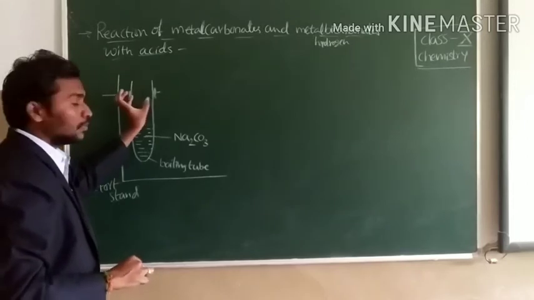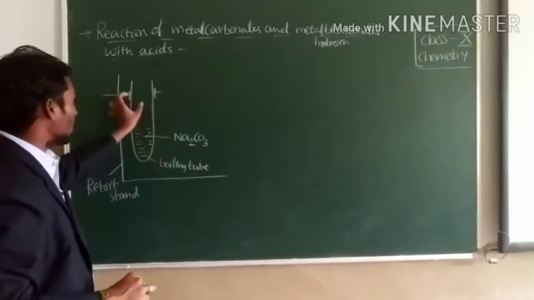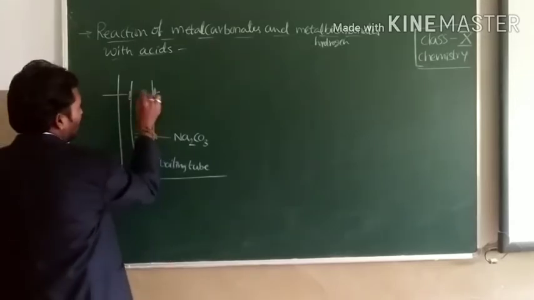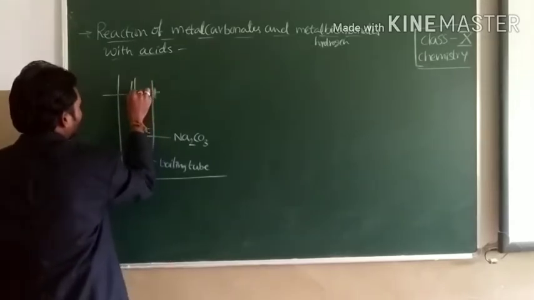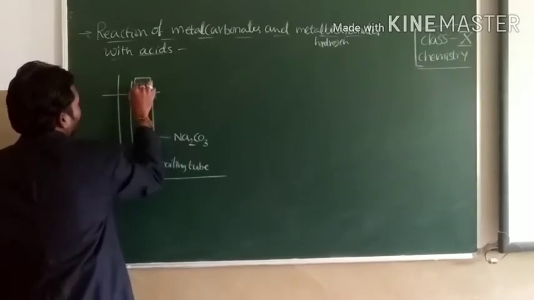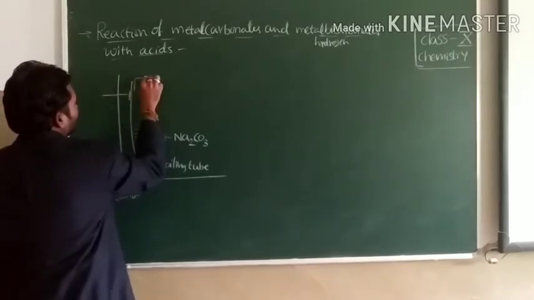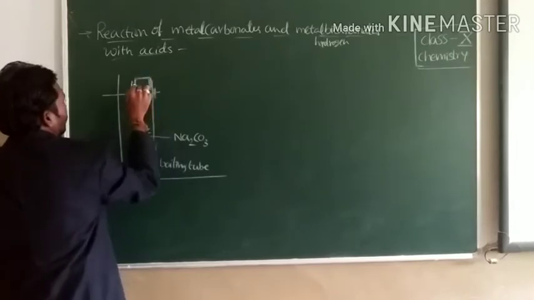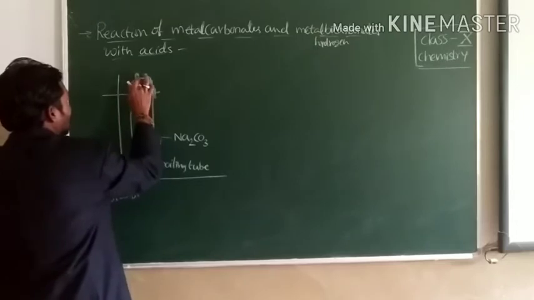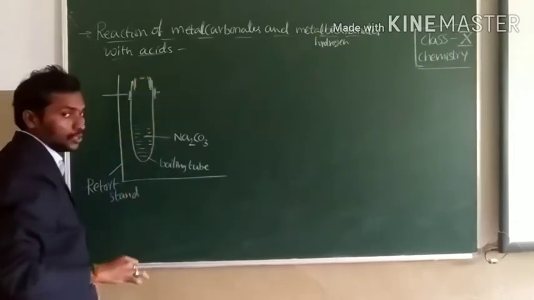And with the help of a rubber cork, we have to close the mouth of the boiling tube. This rubber cork has two holes, children.